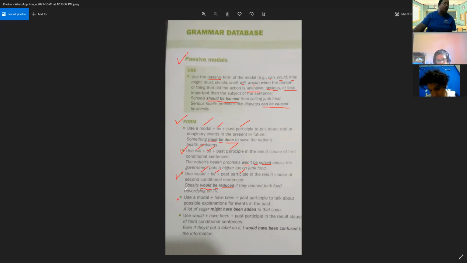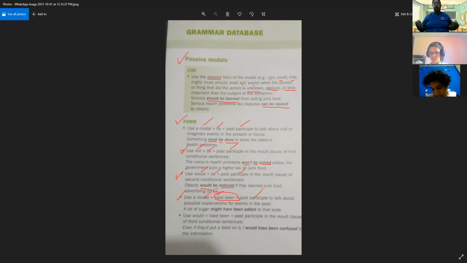The next form, use a modal plus have been plus past participle to talk about possible explanations for events in the past. Vamos a utilizar el modal más have been, exactamente escribiendo have been, más el verbo en past participle para hablar sobre posibles explicaciones de eventos, pero en el pasado, ¿ok? Importante, cuando vemos esto, have been es con eventos en el pasado.